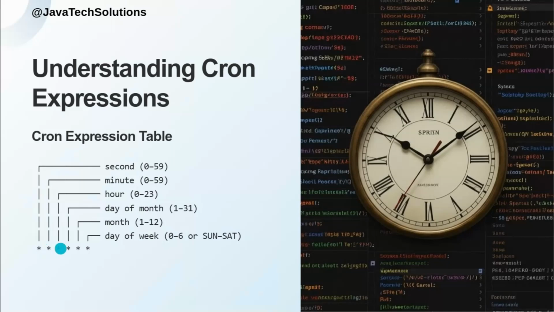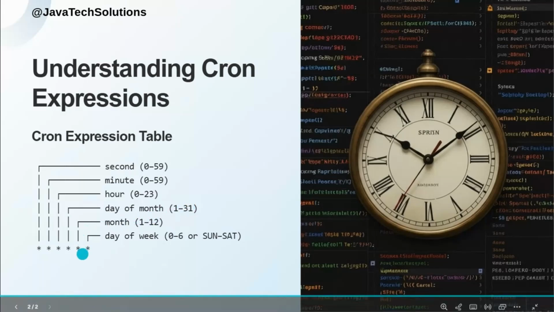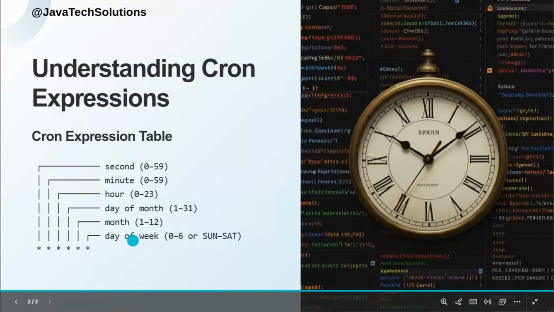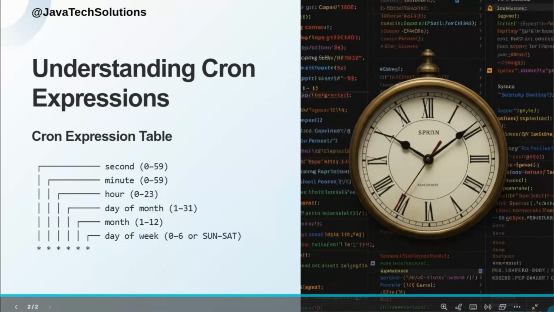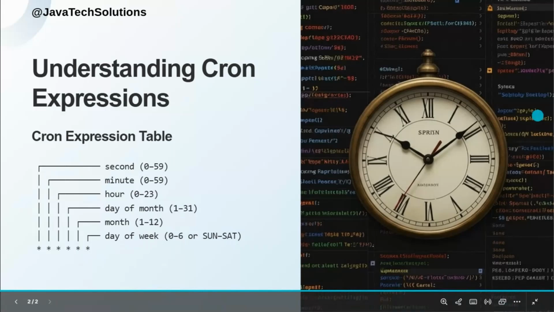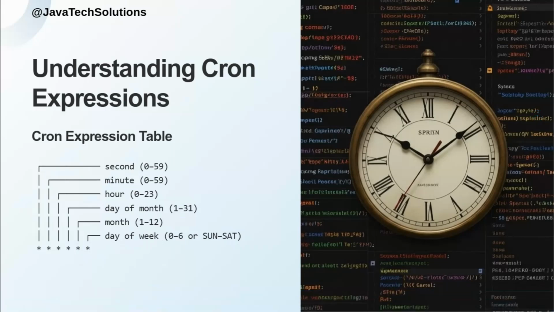The second parameter is the minutes, the third one is the hour, the fourth one is the day of the month, like on which day we need to run this job. Then comes the month, and the last one is the day of the week, like Saturday to Sunday or Monday to Friday. So this is the cron expression table, defining all the necessary fields.